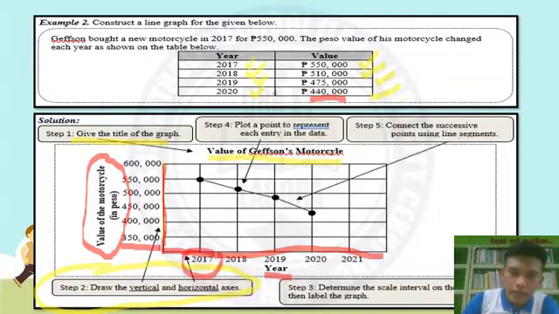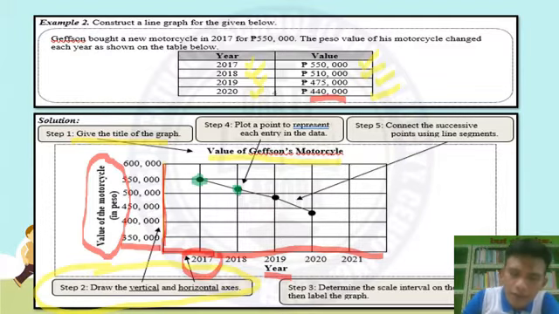So in year 2017, the amount of the motorcycle is 550,000. So it is located here. In year 2018, it's 510,000. So it is something between 500 and 550, located here. 2019 is 475,000.